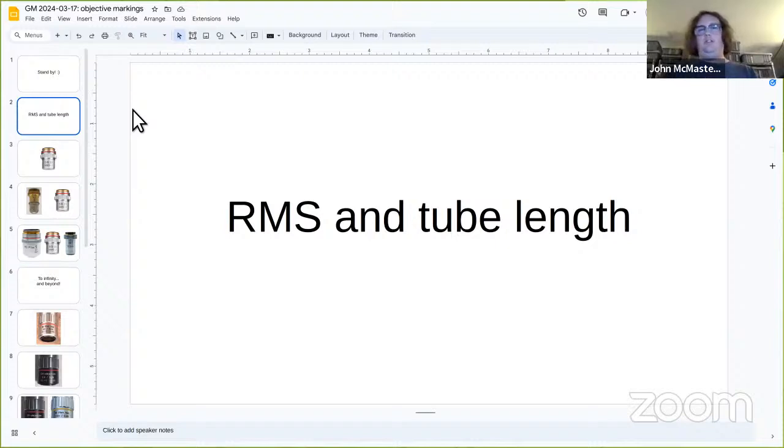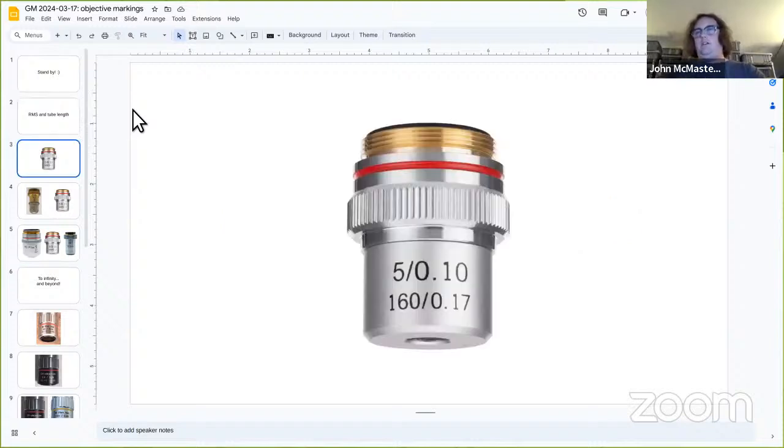So here's an objective, and unfortunately, I don't have a schematic of how this fits into the greater microscope, but at a very high level, this is like the most basic precision lens you can think of. So there's that number that says 160 on that. We're going to focus in on that because that's where the magic really starts. And what that 160 means, can you see my mouse cursor here? I'll enunciate that a little bit.